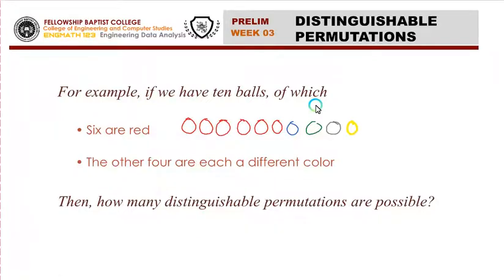So, for this example, anong kinahanglan naton i-consider kung amo nga type of problem ang pwede naton ma-encounter. The key point here is that balls of the same color or any objects nga consider naton, hindi sila naton ma-distinguish or they are not distinguishable.